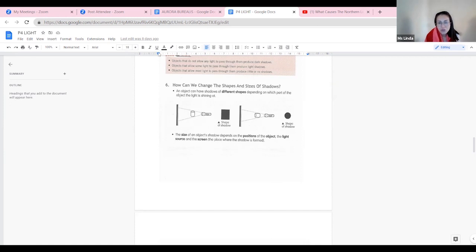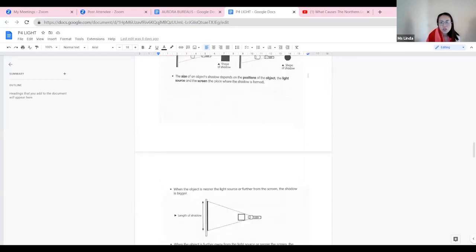So okay, so you got your shadow. All right, so you need to know how to make a big shadow. Big shadow is when your light source is very near the object. Okay, then your shadow and your screen is very far away. That's how you will get a big shadow. Okay, so whatever the positions, the size of the shadow will depend on position.